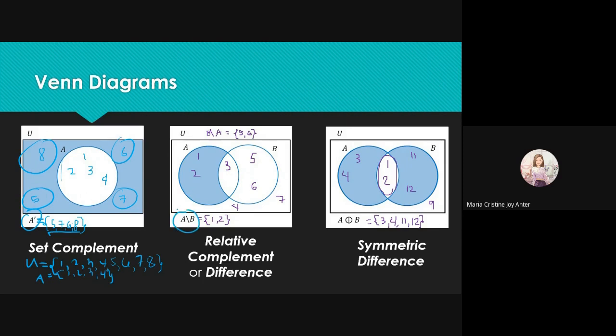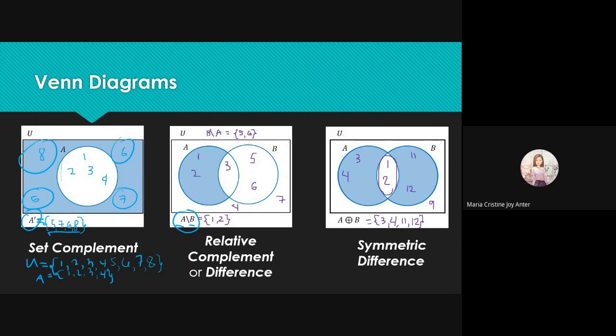You can write A backslash B. Meaning, whatever elements are in set A and at the same time in set B, you remove, and what you keep are only the elements that are in A. It's like A minus B: from A you remove the elements common to both. So for example, set A, what is in it?